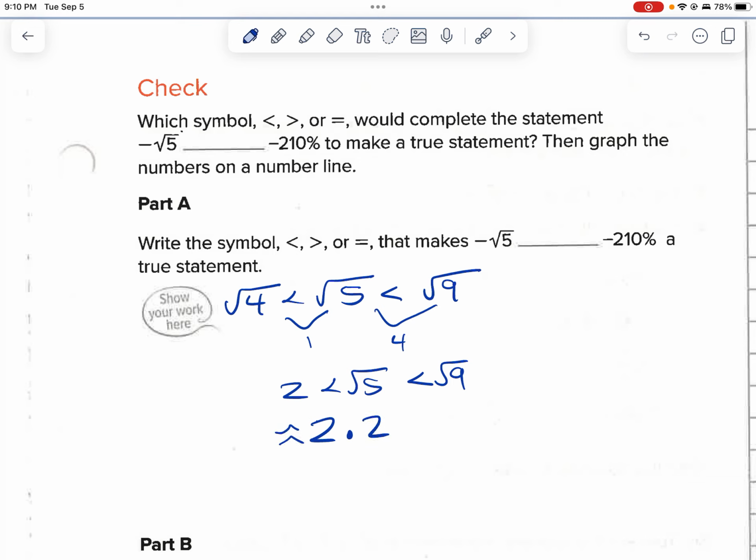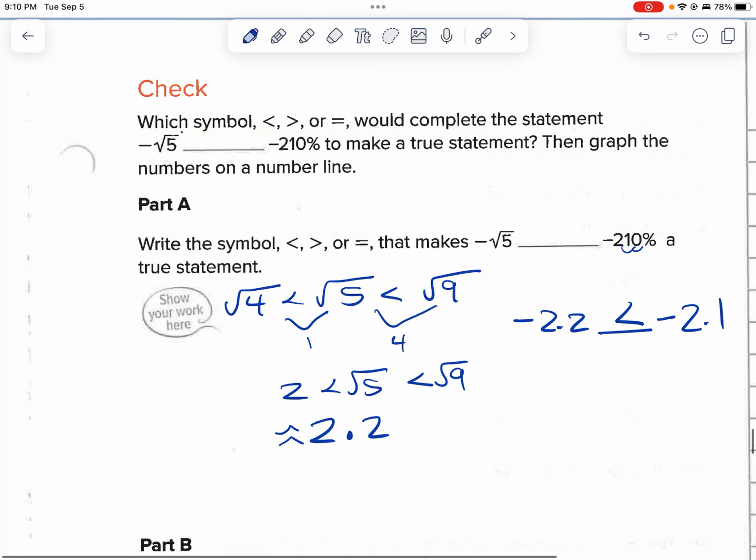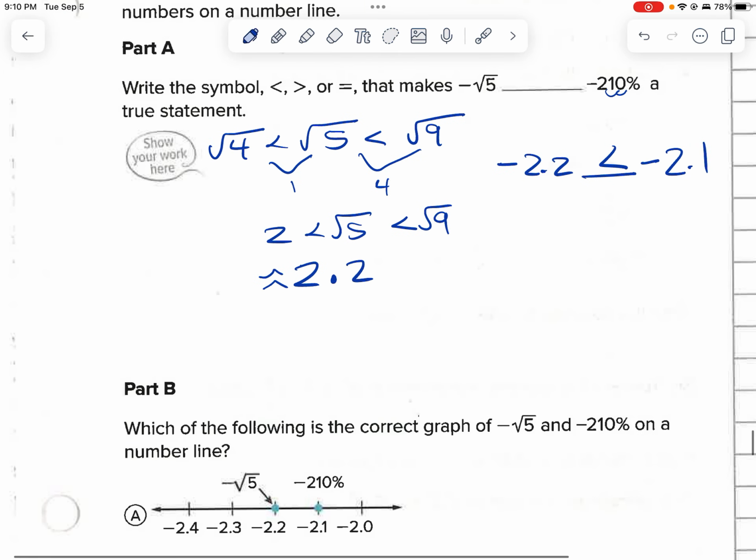Oh, but that's negative. So I'm going to say negative 2.2. And then remember, percent, you move the decimal over 2 times. So negative 2.1. So this would be less than that.